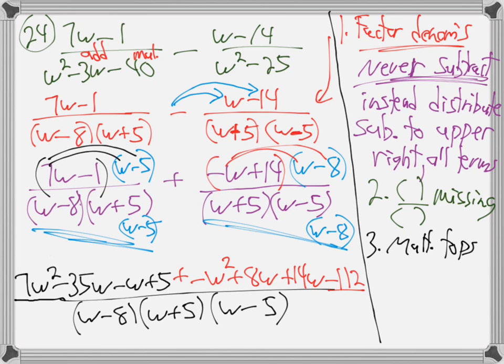See all that? See the 4 red terms that came from this right top and the 4 black terms that came from the left top. I just FOILed them both out. Multiplied out the tops. Is that good on the tops there?